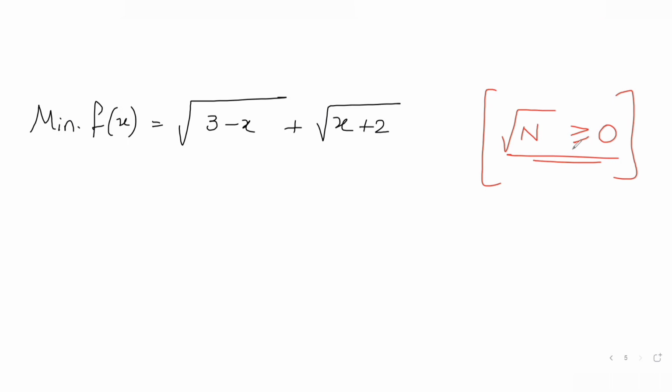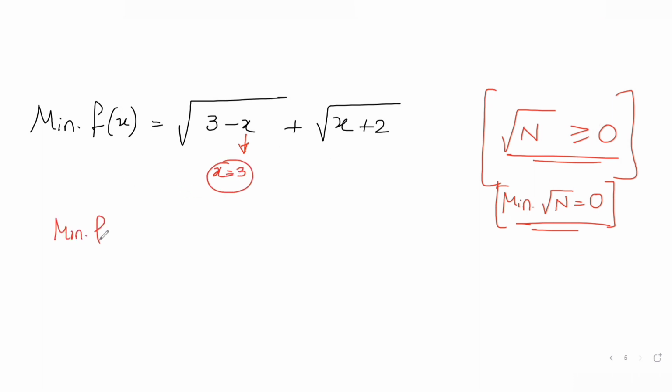So the minimum value of the root I can get is 0. To make this entire expression 0, I can put x as 3. So if I put x as 3, I get the minimum value of the function, that is root of 3 minus 3 is 0, plus root of 3 plus 2, that is 5. So you get the minimum value of the function as root of 5.